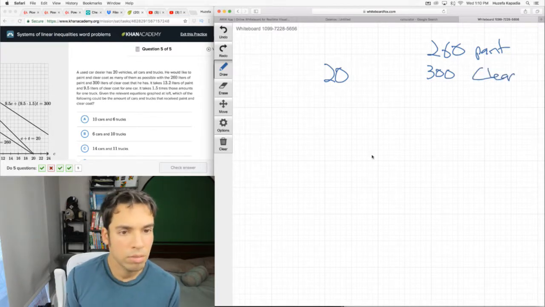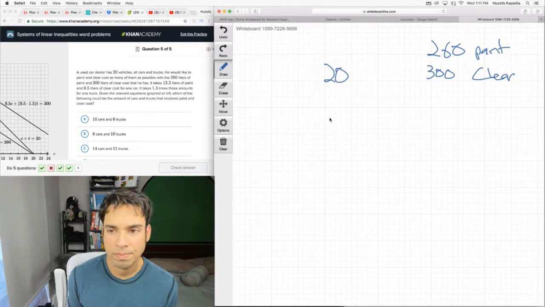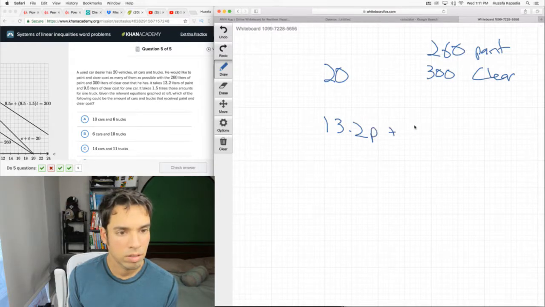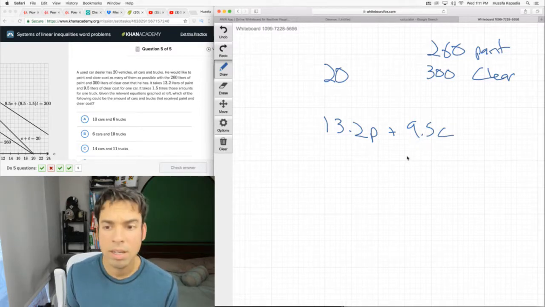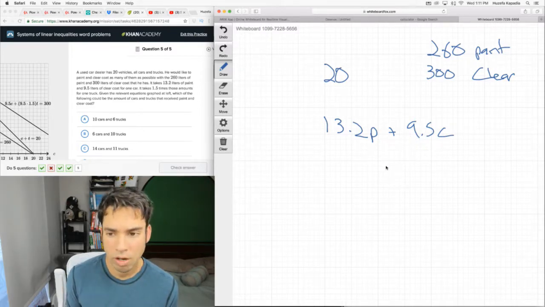It takes 13.2 liters of paint and 9.5 liters of clear coat for a car, and it takes 1.5 times those amounts for one truck.